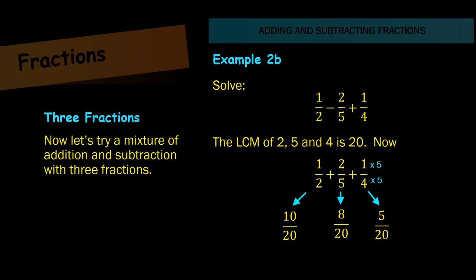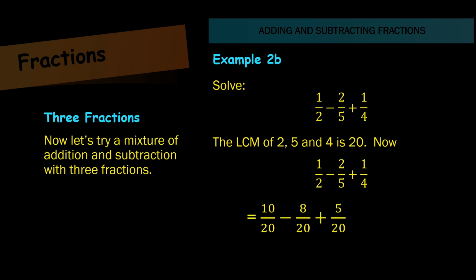And finally, multiply the numerator and denominator of a quarter by the same number 5 to give a quarter equals 5 out of 20. Now add and subtract the numerators as shown to give 7, and leave the denominators alone to give 20.